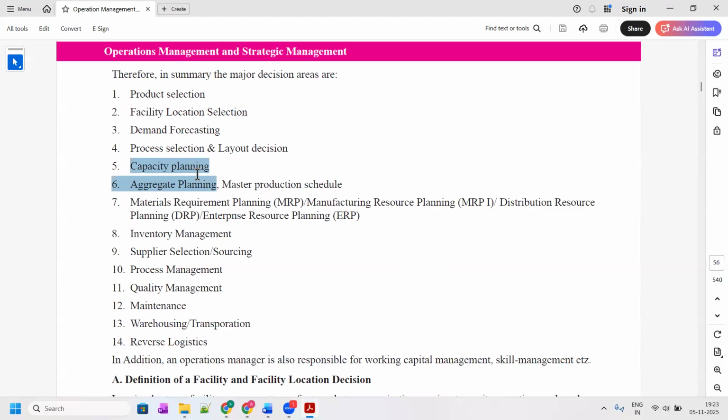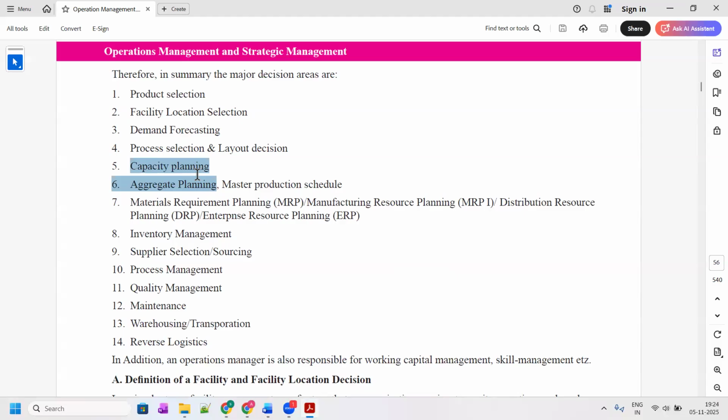If we can create a layout of the basic production schedule, then we have terms like material requirement planning, manufacturing, distribution, and enterprise resource planning, where we ensure material, resources, and systems are well coordinated.